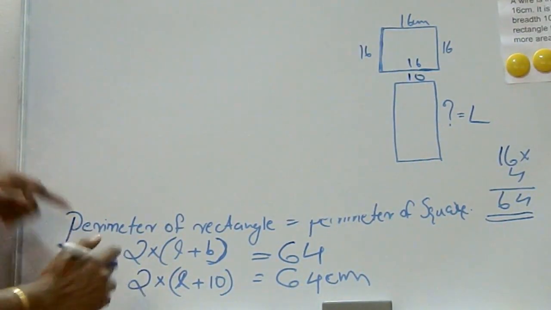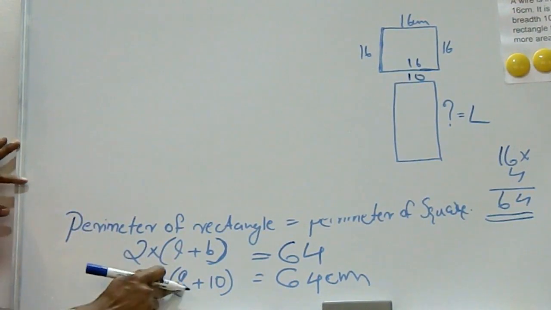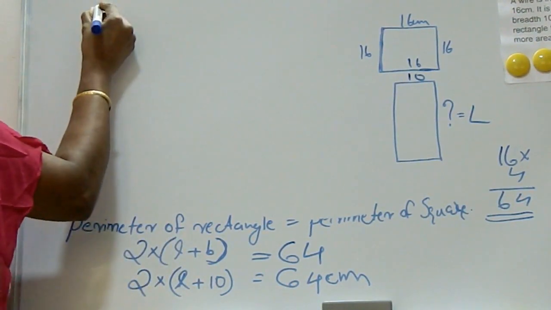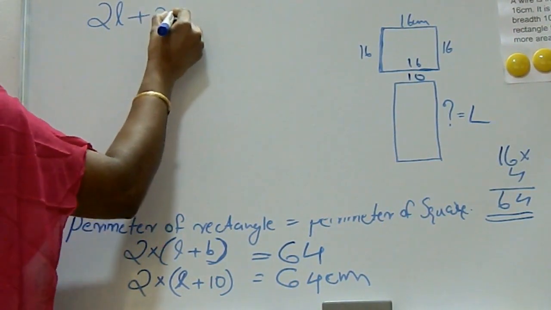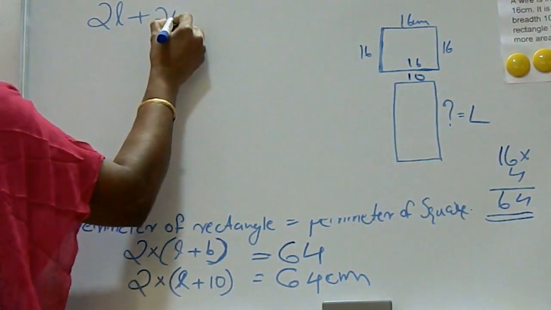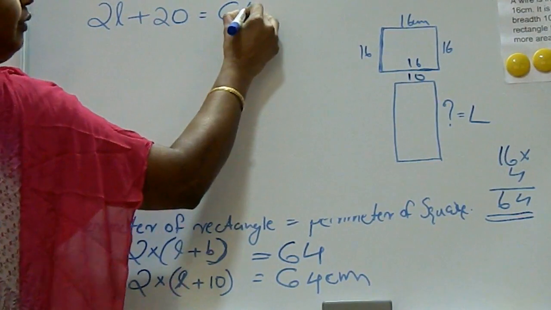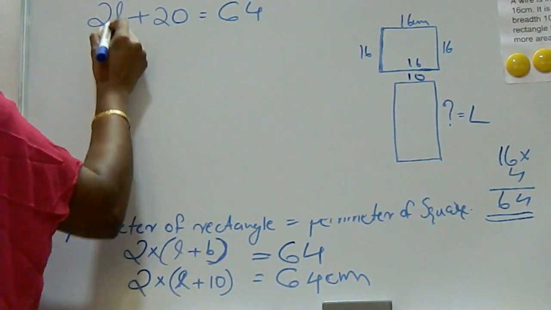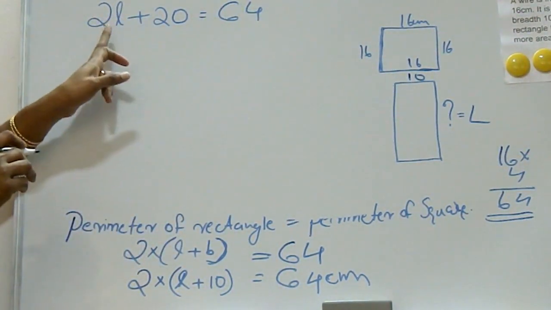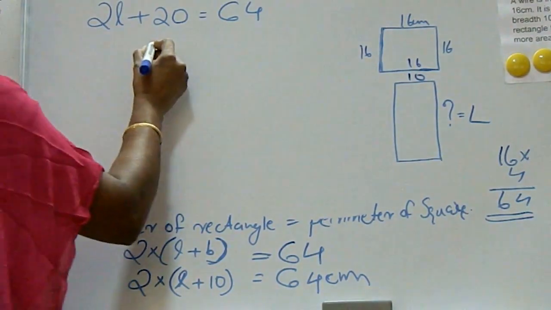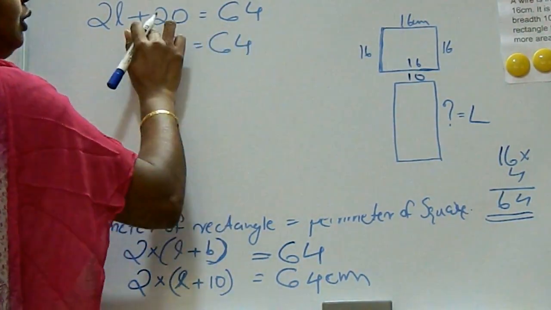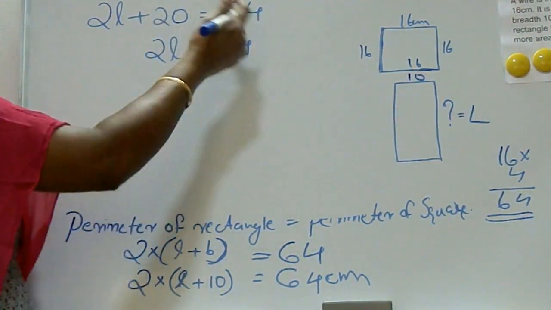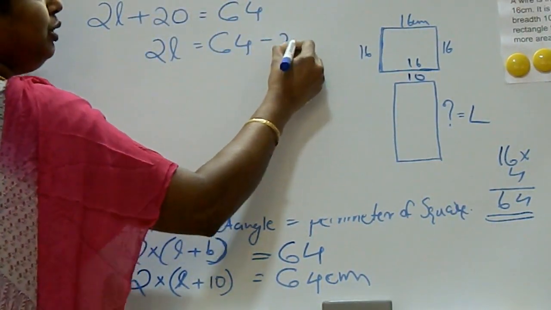From this we can write the equation as 2 multiplied by each term in the bracket. That means 2 multiplied by L plus 2 multiplied by 10, that is 20, is equal to 64. From this we have to find L. We keep the variable on the left side: 2L is equal to 64 minus 20, since the plus 20 goes to the opposite side and becomes minus 20.